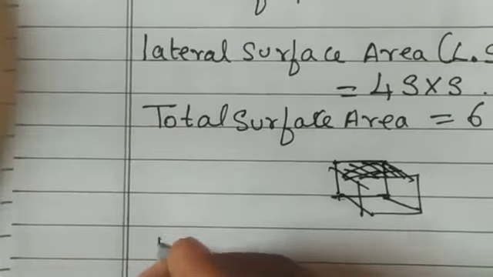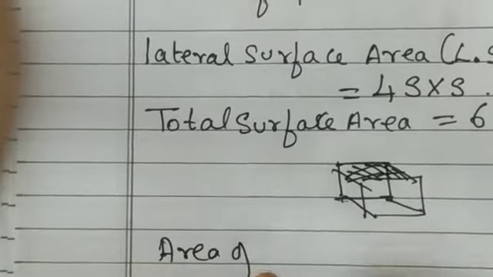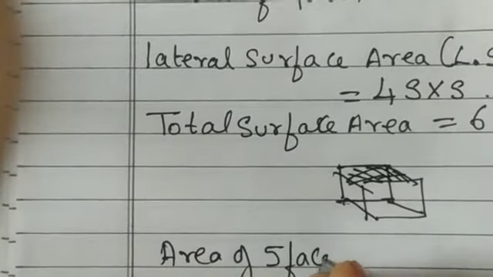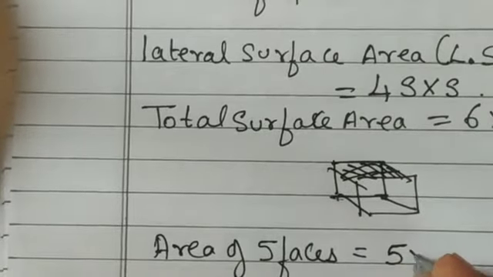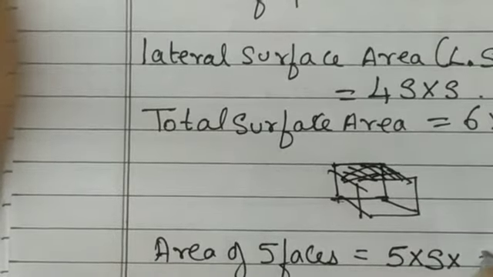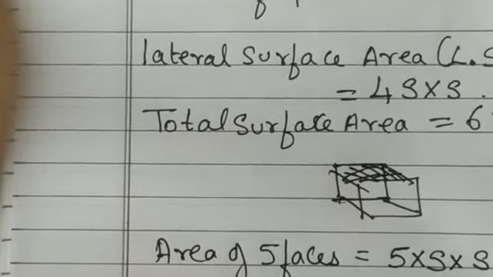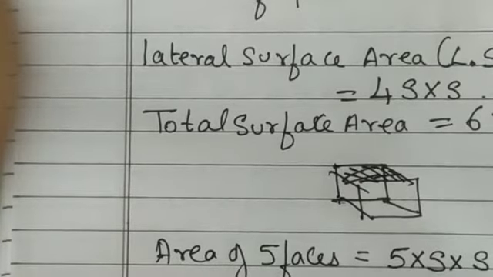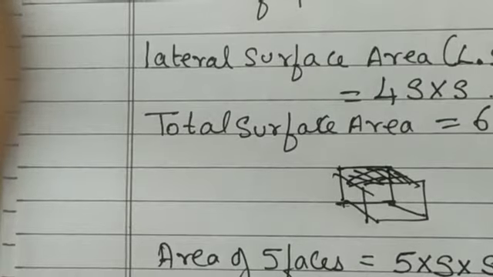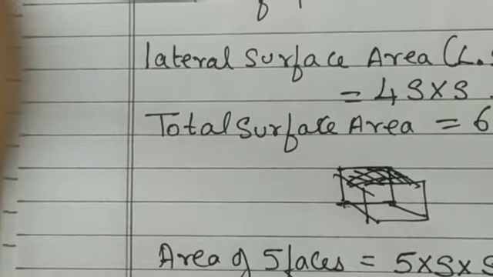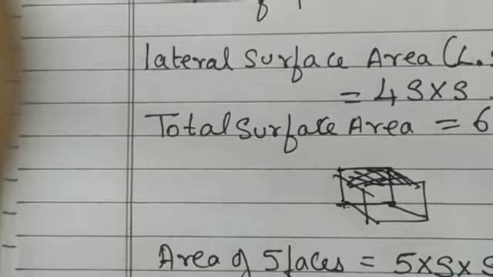So we will write area of 5 faces equals 5 into side into side. This is the formula we use if one face is open and we have to find the other faces.